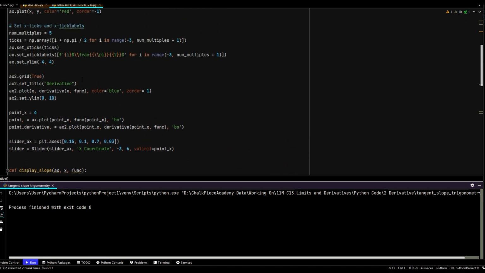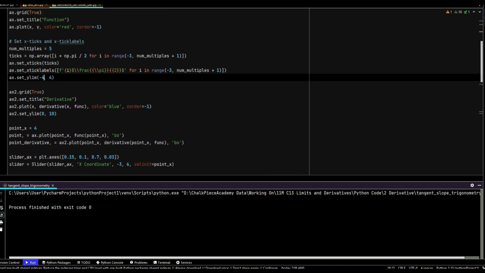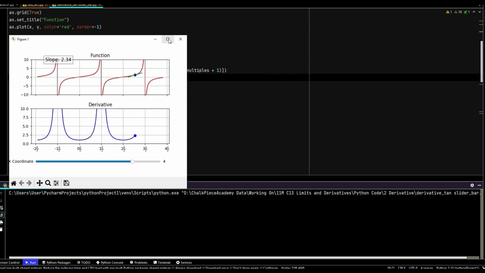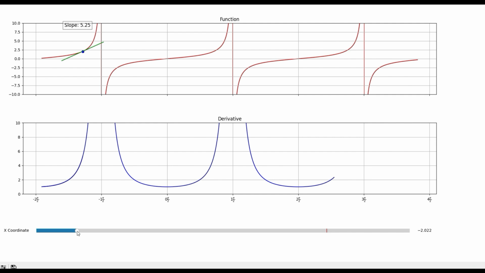This would be a bit better. Yeah. So we can see it moving from minus 10 to 10, while this is moving from 0 to 10. But of course, as and when I increase, we can see the slope.